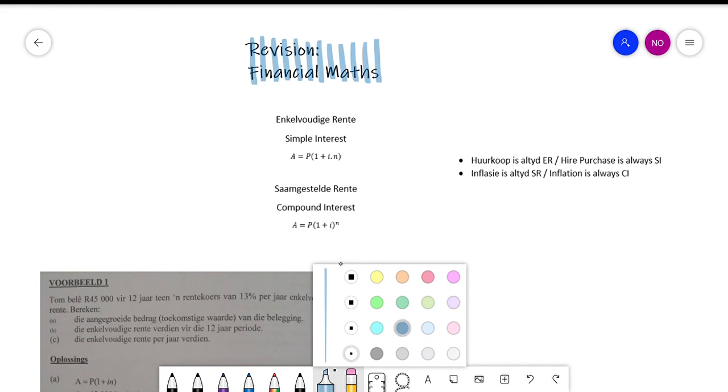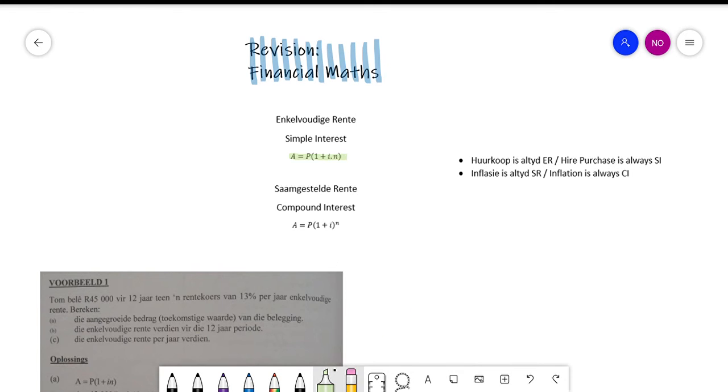Net 'n vinnige recap vir julle. Onthou enkelvoudige rente, die een waarmee ons vandag gaan werk, het die formule A is gelyk aan P maal (1 plus I maal N). In case you completely forgot, A is the final amount. P is initial.